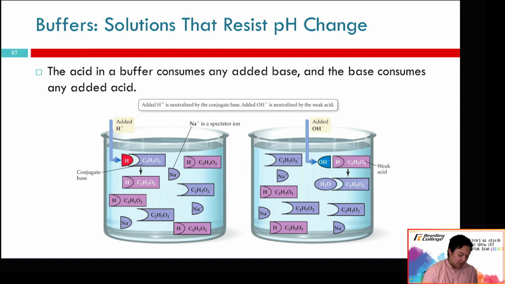The acid in a buffer consumes any added base, and the base consumes any added acid. These are the acid, and this is the base. We have both present, so if we add one, the other will pick it up. If we add base, it gets picked up by the acid. If we add acid, it's picked up by the base.